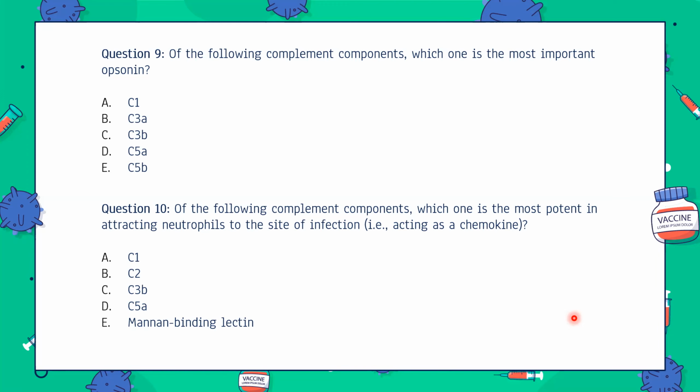All right, great job, everyone. Yes, that is correct as well. Because acting as a chemokine basically also means... everyone is saying C, but which is C though? I showed them in order. So this is C and this is D.